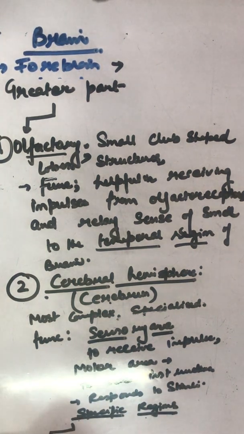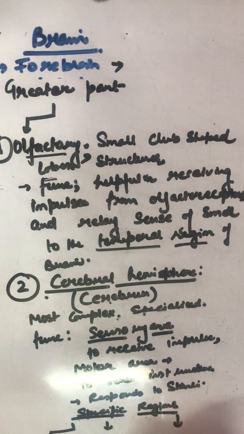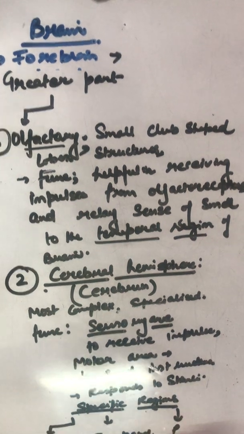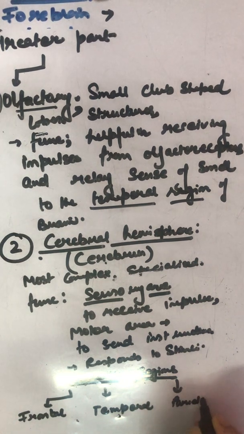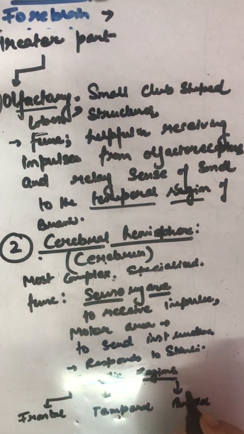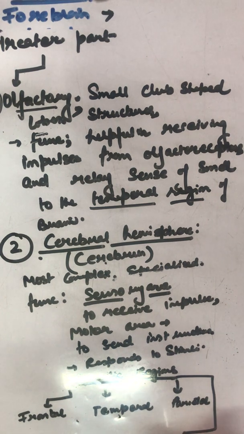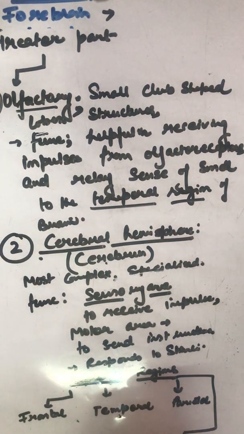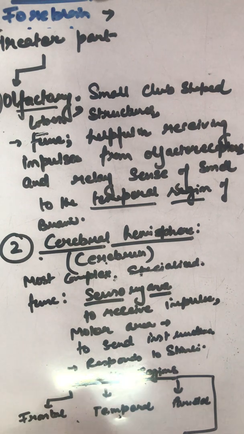these are frontal, temporal, third one is parietal, and fourth one occipital. Now first of all, what does the frontal region do? Frontal region: region of speech, facial muscle activities, as well as higher mental activities.